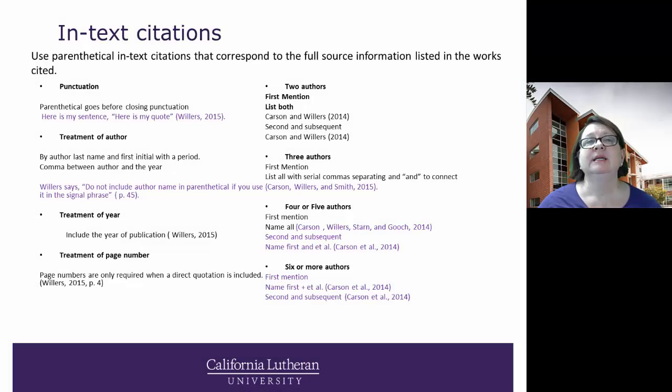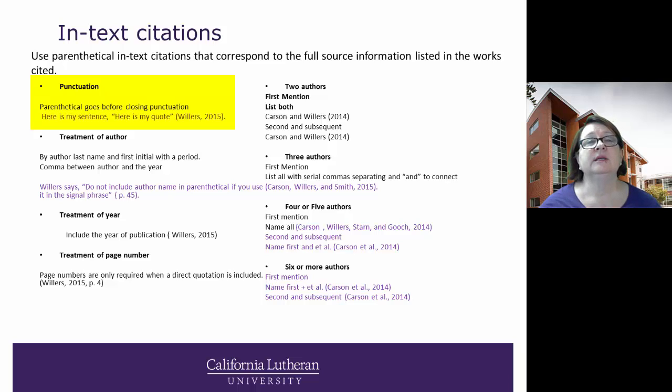Okay, we're back. In-text citations. In APA, we use parenthetical, which just means the information is put in between parentheses that correspond to the full source information listed in the works cited page. Okay? Punctuation goes after the closing parenthesis.